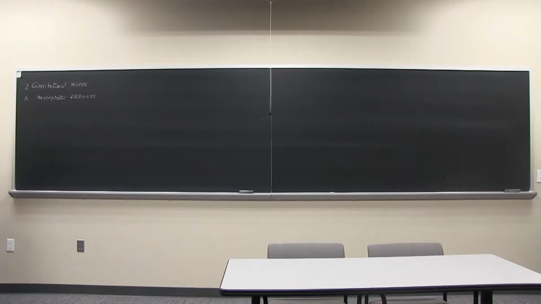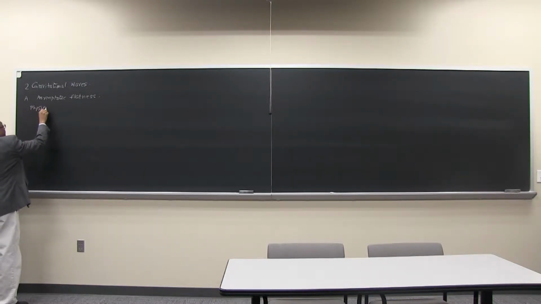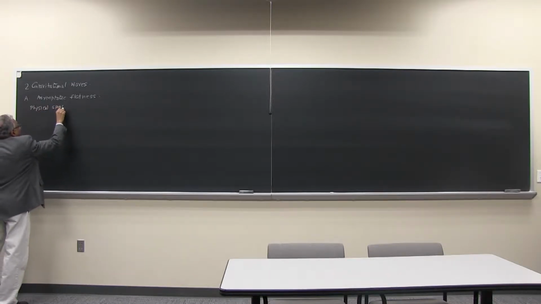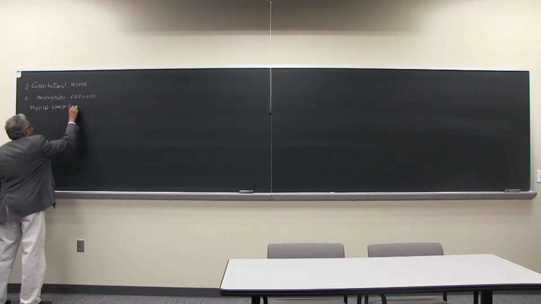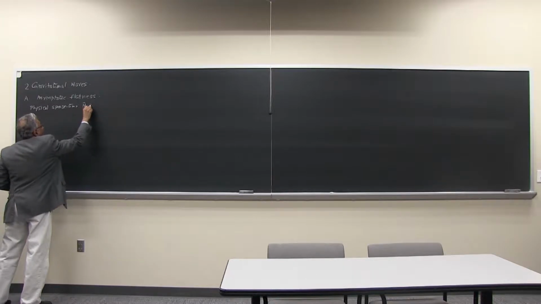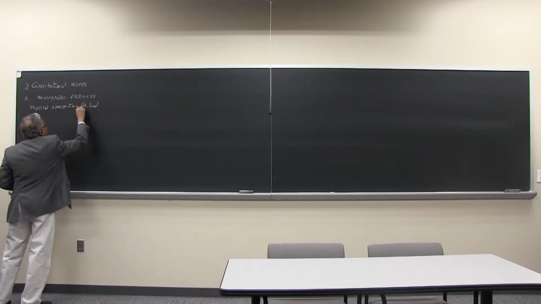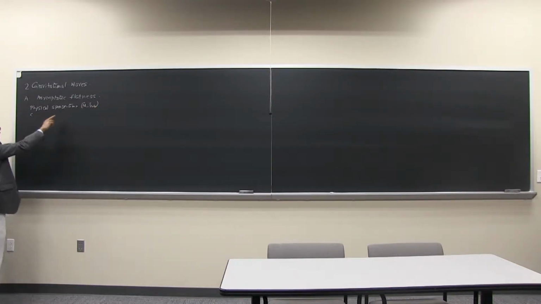So we began with the notion of asymptotic flatness last time, and the idea here was that we got a physical space-time, and so we changed the notation.